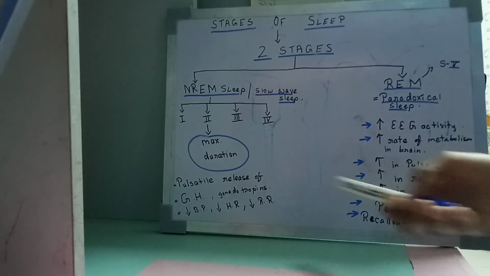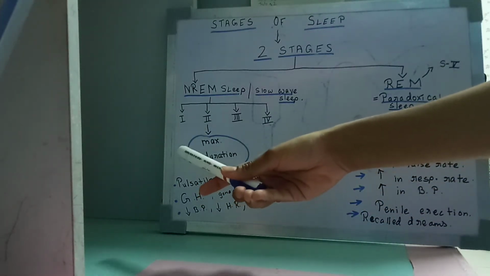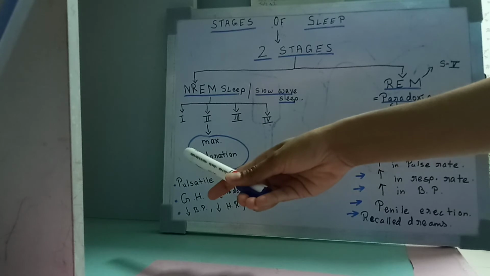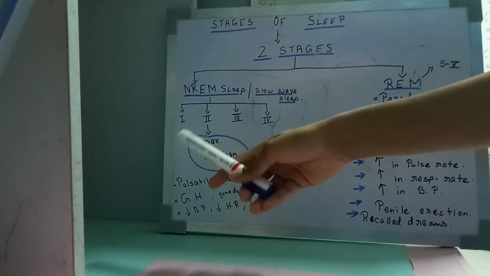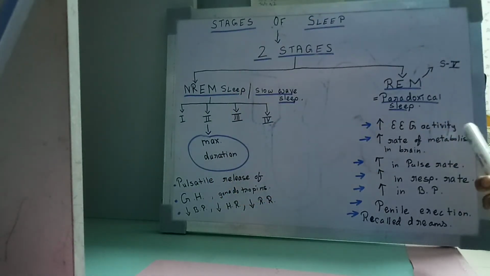Remember my friend, stage 1, what did I say? I said that there is loss of alpha waves, remember? And here in REM, what is happening? We are seeing beta activity, which is similar to the awake state, and return of alpha activity.